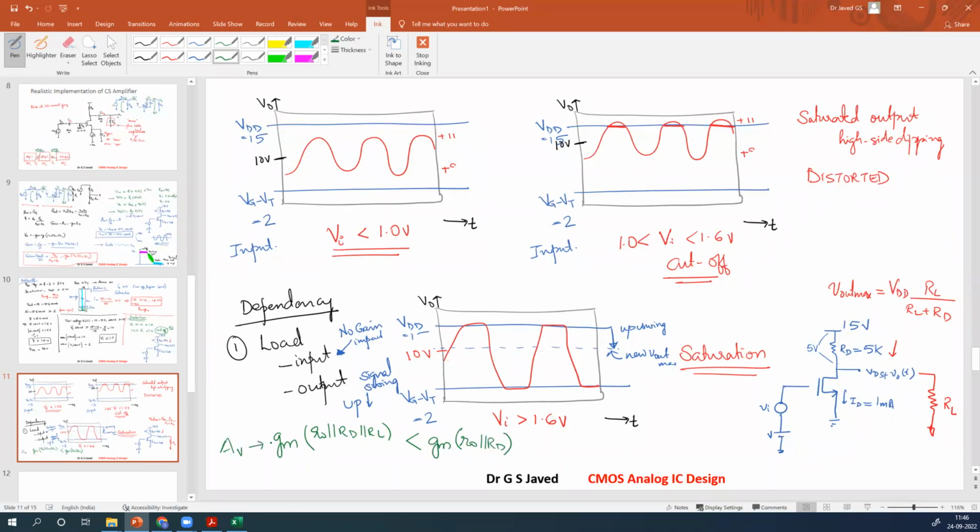So your gain will reduce. Why the gain reduces? Intuitively, instead of all the current going through the MOS transistor, some amount of current will go through RL also. So when current goes here, your effective ID reduces. So when ID reduces, GM over ID, though it will increase, but still RL will come, it will go in parallel. So that will also reduce.